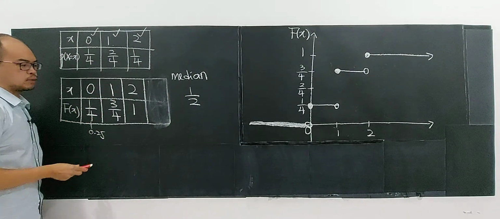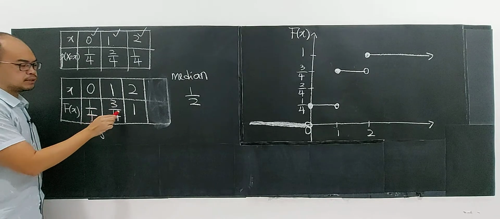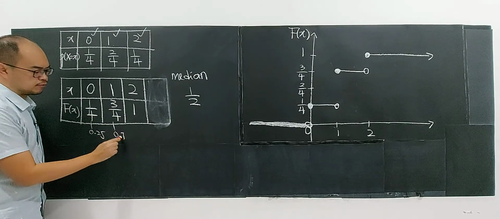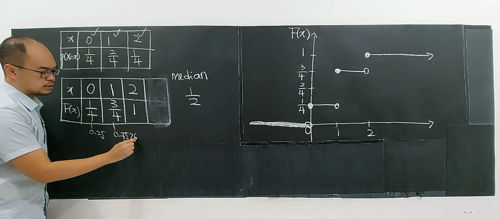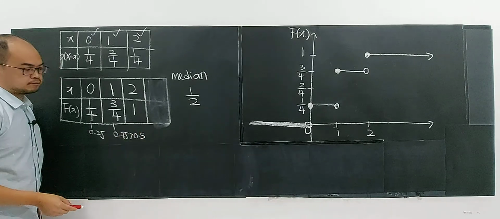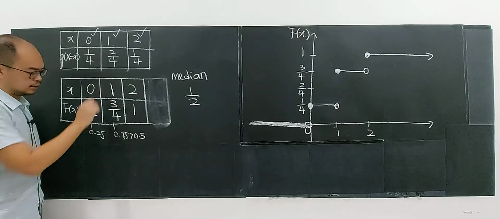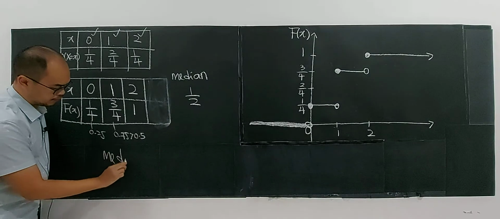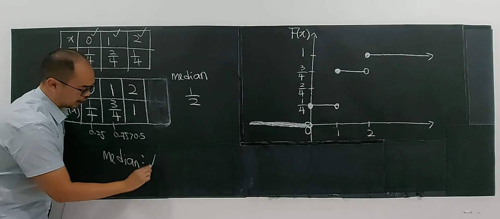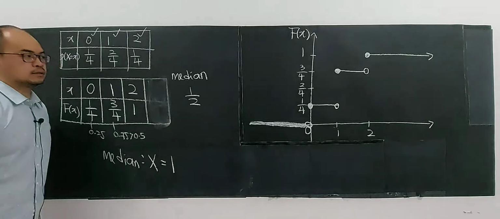Why? Because this is the number, 0.75, which is greater than 0.5 for the first time. So the median in this case will be x equals 1.